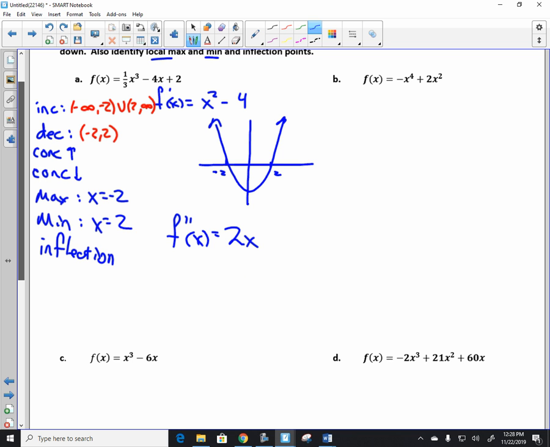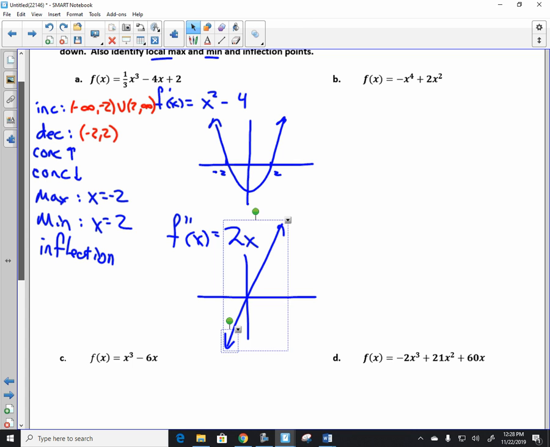Do I know what the graph of 2x looks like? I do. It's a line and it goes through 0. So if it's a line that goes through 0, then I want to try to identify concave up. Concave up happens when the second derivative is positive. Where is this positive? 0 to infinity.